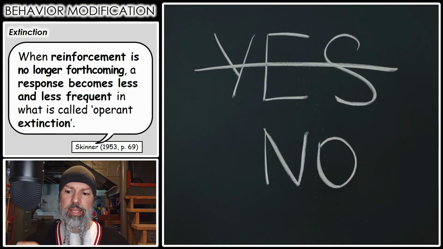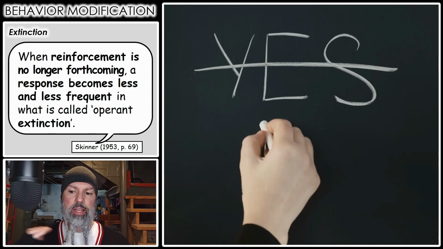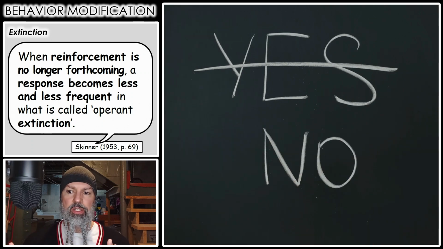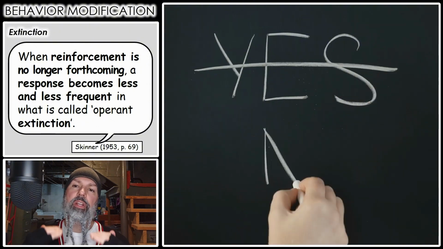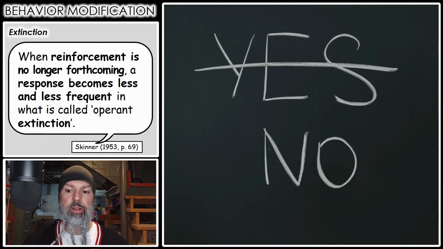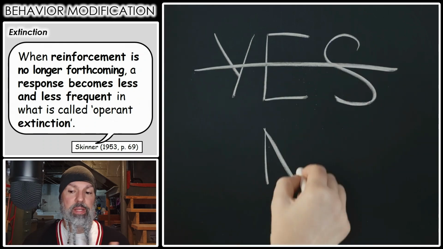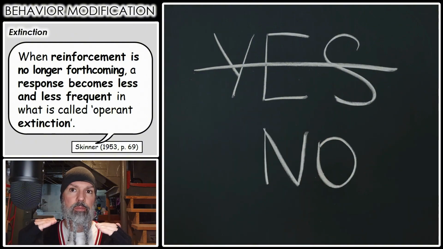And then finally, the last common misuse of extinction is when you confuse non-contingent reinforcement with extinction. And non-contingent reinforcement is basically exactly what it says on the tin. It's when a reinforcer is delivered, but it's not based on the performance of any target behavior. And this is often done to provide reinforcement independent of a problem behavior to reduce the motivation for that problem behavior.